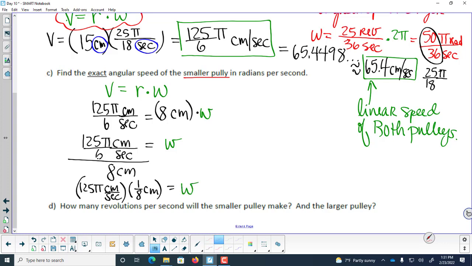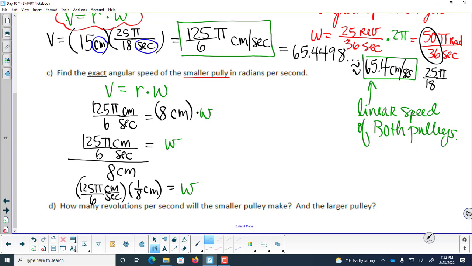So why am I doing these units? To make sure, what's the problem here? 125 over 6. Look, my units should divide out though, but that doesn't look right. Do I have to flip that with it? I think I have to flip it with it.